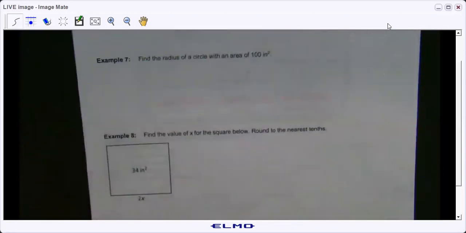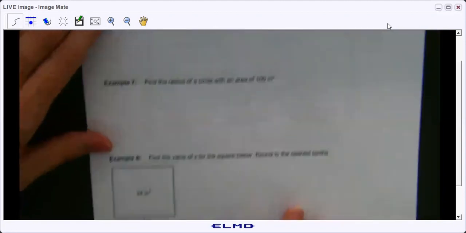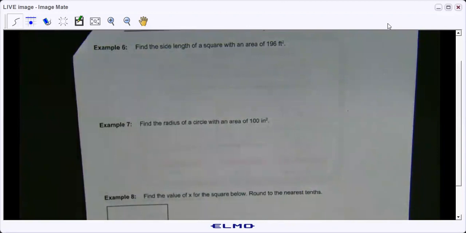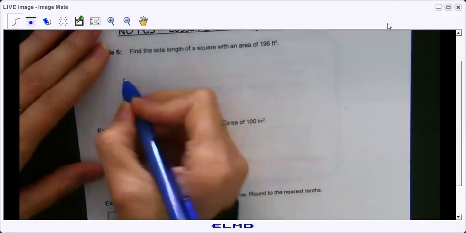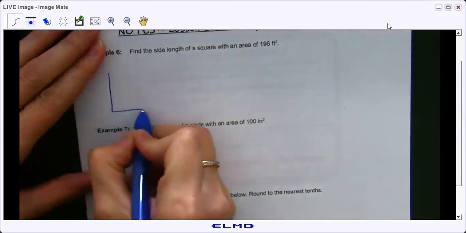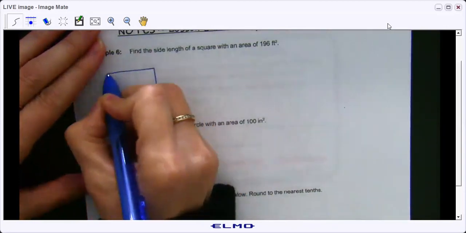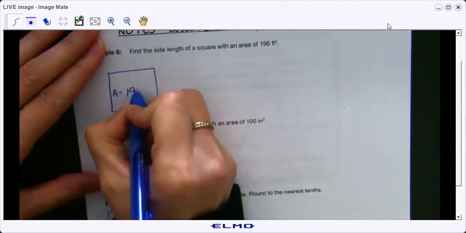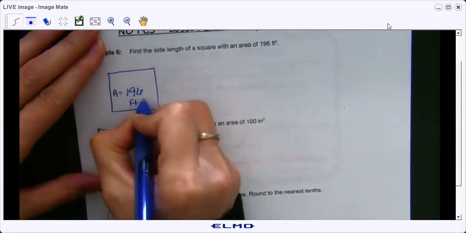Okay, now, example 6. It says, find the side length of a square with an area of 196 feet squared. So here we have a square. The area is 196 feet squared.